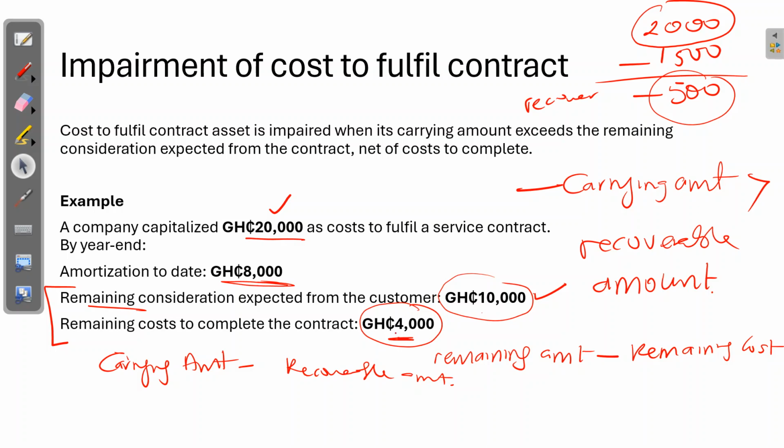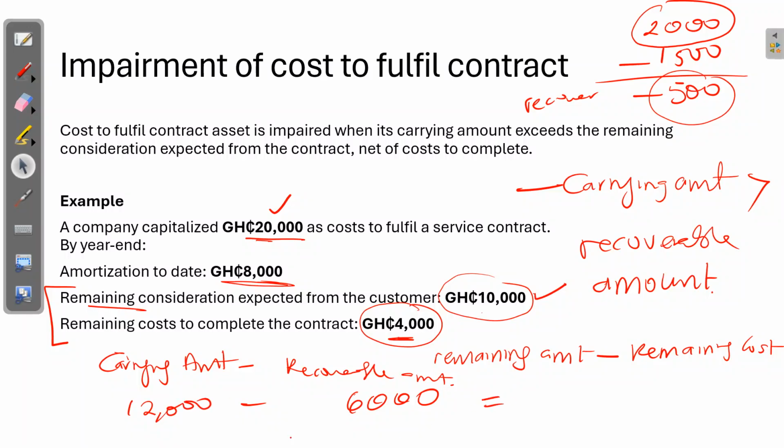So it means our recoverable amount is 6,000. Then the current amount of this contract asset is the cost minus the accumulated amortization, which is 20,000 minus 8,000, giving you 12,000.